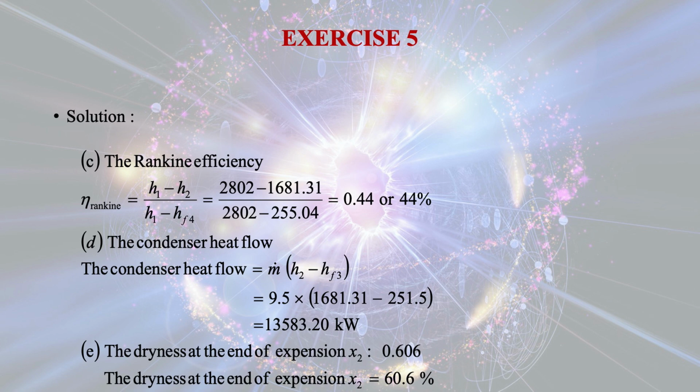Put the values of H2 and HF1 and finally you will get 13,583.20 kilowatt. And the last part is the dryness at the end of the expansion in the turbine, that we have already calculated, that is equal to 0.606 or 60.6%.